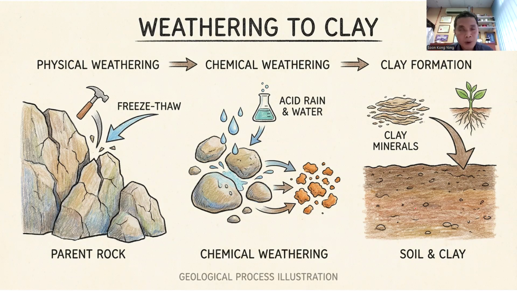You must be asking me why only clay is the focus here in terms of soil fertility. Now, there's one thing you may not know: there are many types of clay. Some clays are more fertile. Some clays are not. Which is why it is quite common that not all the soils, not all the lands that we have, are suitable for agriculture.